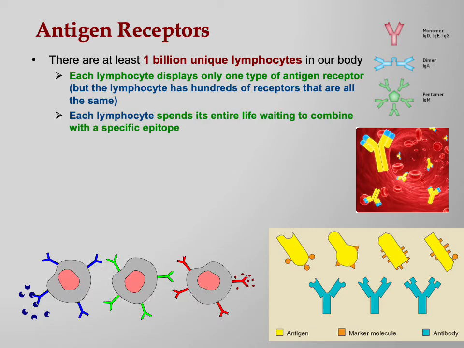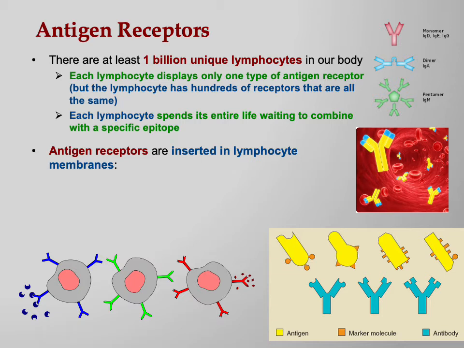And then every lymphocyte spends its entire life wandering through your body, just waiting to come into contact with its specific epitope. It's been trained. Remember we said that these lymphocytes have to go through training. They have to go to special ops school. During training, they get their antigen receptor inserted. From that moment on, they spend their entire time just looking for that particular epitope on that particular antigen.